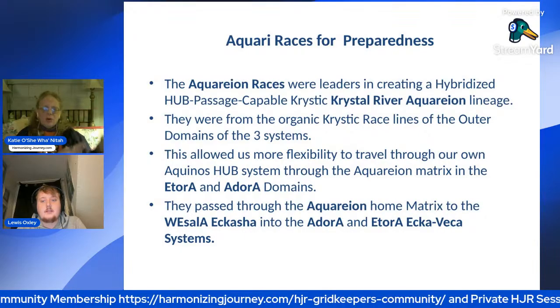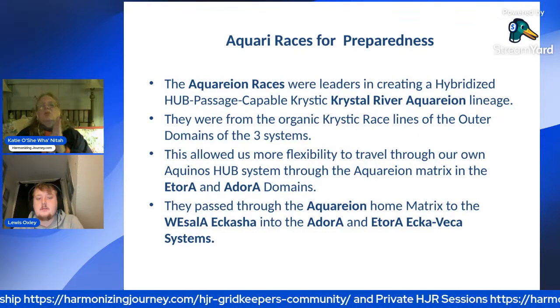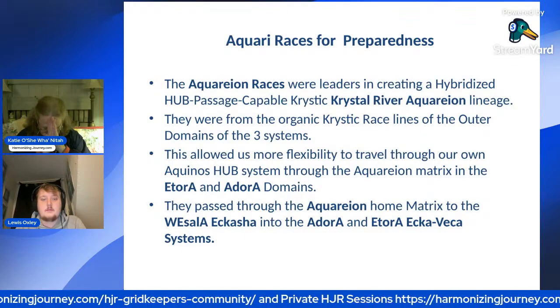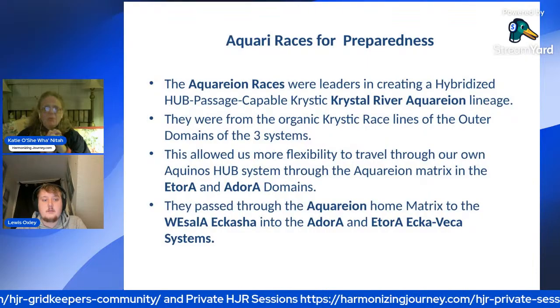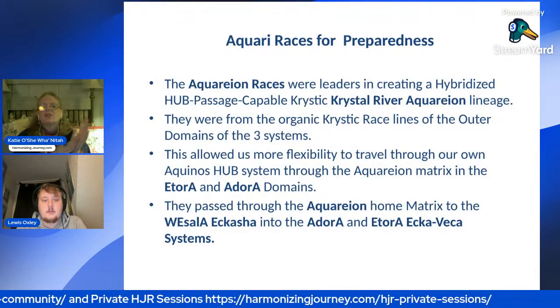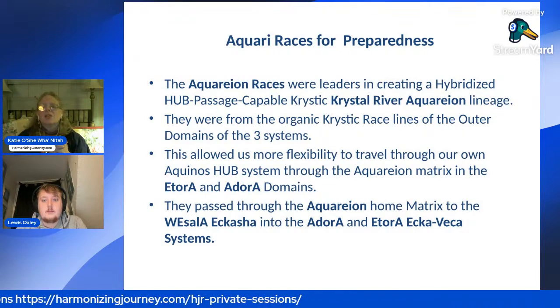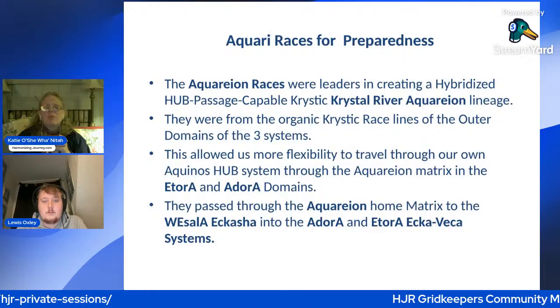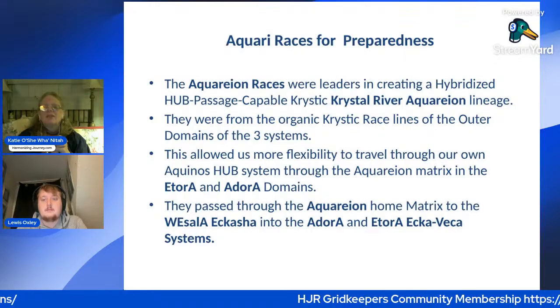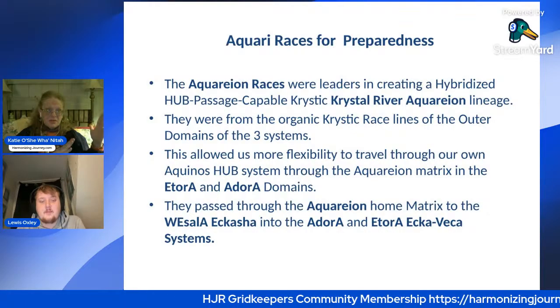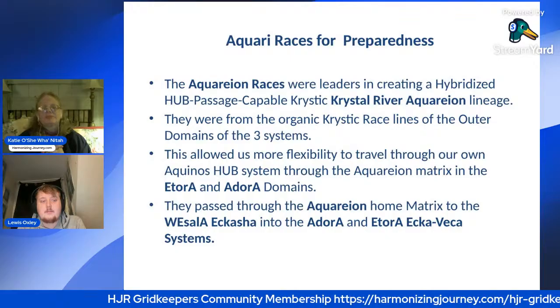The Aquarian races were leaders in creating a hybridized hub passage capable Krystal River Aquarian lineage. They were from the organic Christic race lines of the outer domains of those 3 systems, akashas that I talked about.